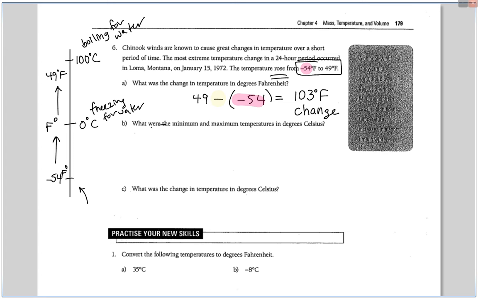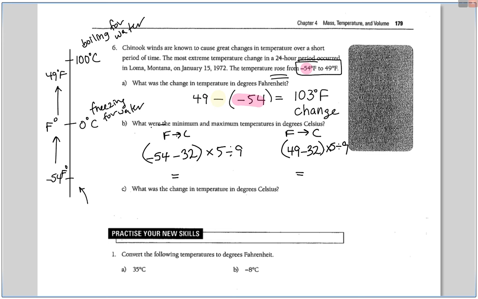Alright, so next question says, what's the min and max in Celsius? Okay, so we gotta go from Fahrenheit to Celsius. So grab my formula sheet, F take away 32. So negative 54 take away 32 times a 5 divided by 9. And same thing, F to C for the max, which was 49. So 49 take away 32 times a 5 divided 9.